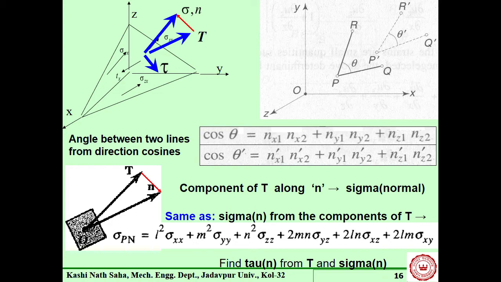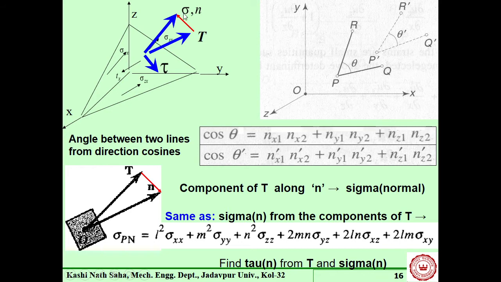So you see, this T has a direction, right? If we determine the direction of this T vector, that means our traction, then for this direction of T we have direction cosines.